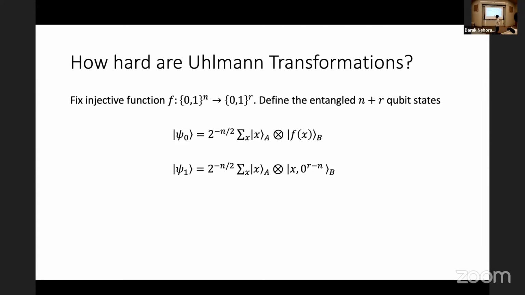Psi 1 is going to look very similar, except in the second register, you don't evaluate the function f, you just have a copy of x. And maybe you pad with some zeros because r could be greater than n.